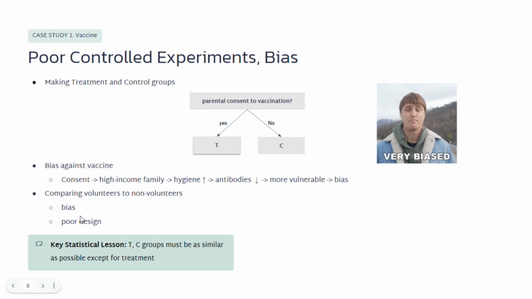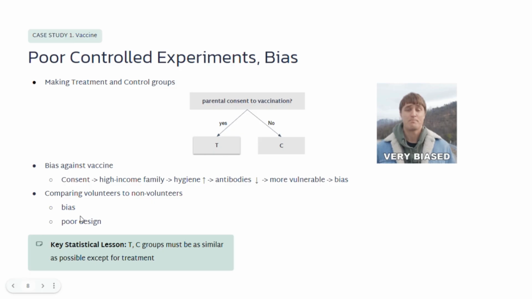The treatment group and control group are not equal in other factors. The family background changes the response to the vaccine, and you cannot judge from your observation whether the vaccine is effective or not. So this is the bias, and bias is not a good thing, so we call it a poor design. So what can we do about it?